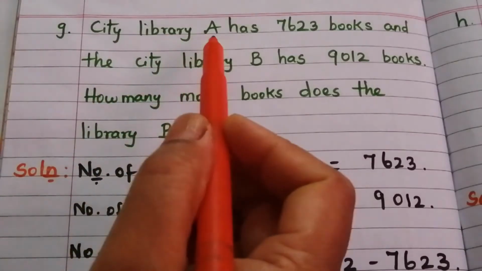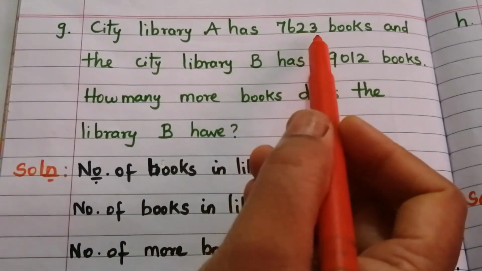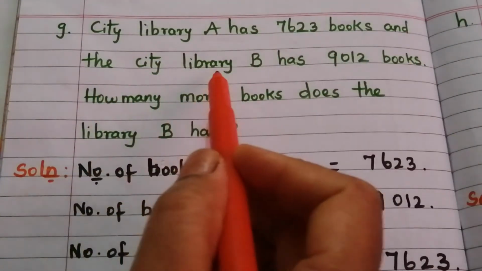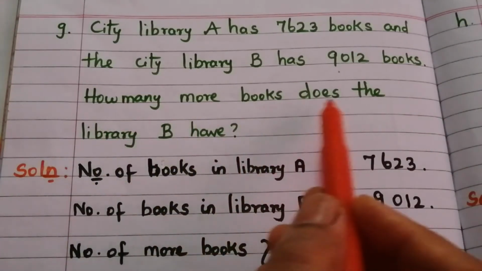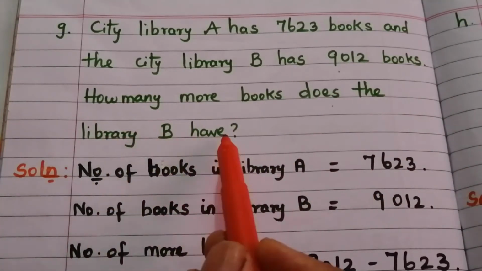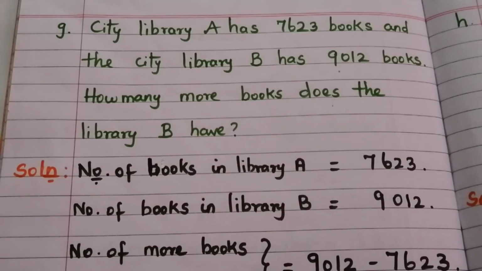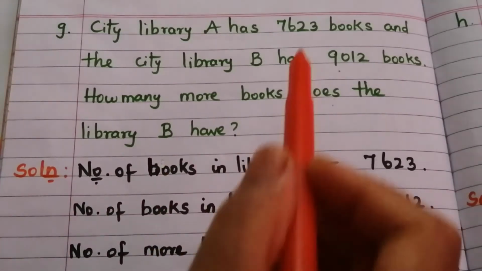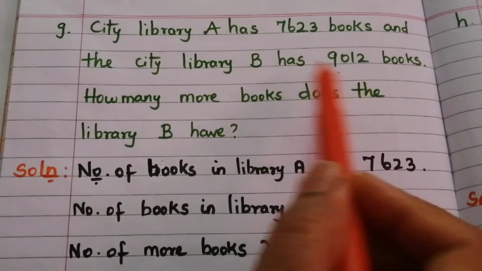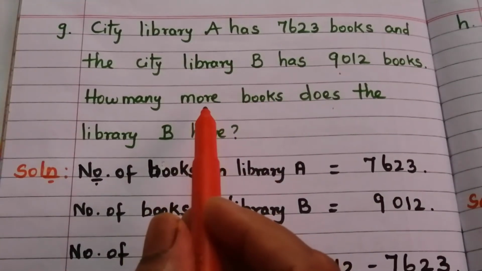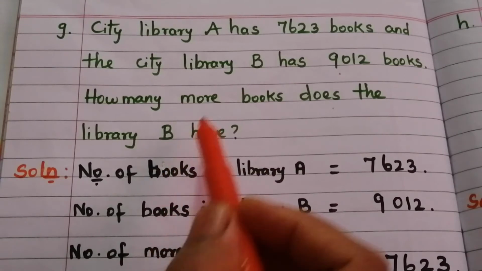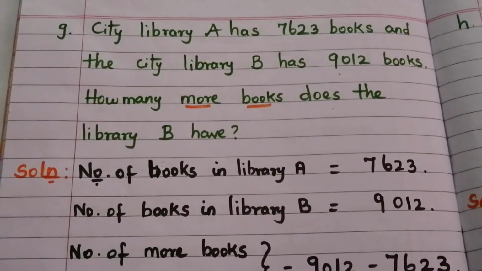G. City Library A has 7,623 books and the City Library B has 9,012 books. How many more books does Library B have? They have given the number of books in library A and the number of books in library B. We have to find the number of more books in library B. That means we have to do the subtraction operation.